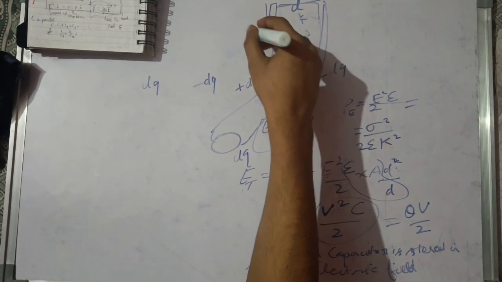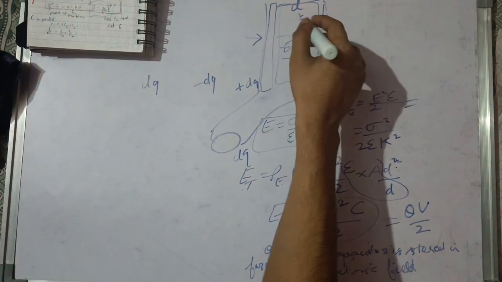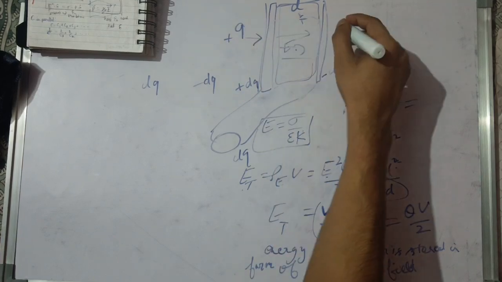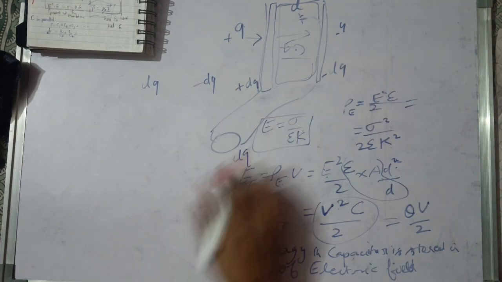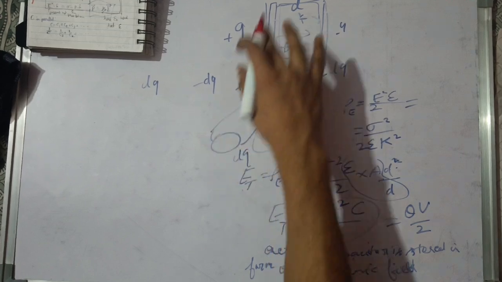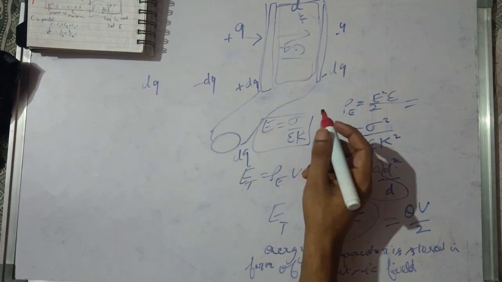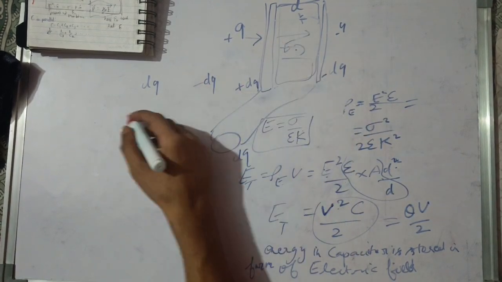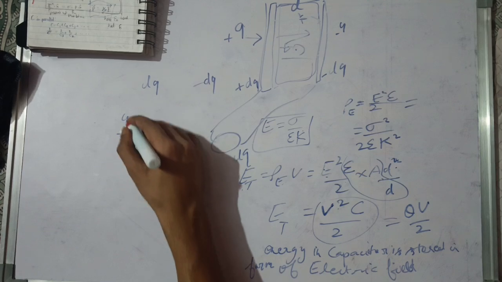Let's say the charge present on the plates at any instant during the charging process is q here and minus q here.